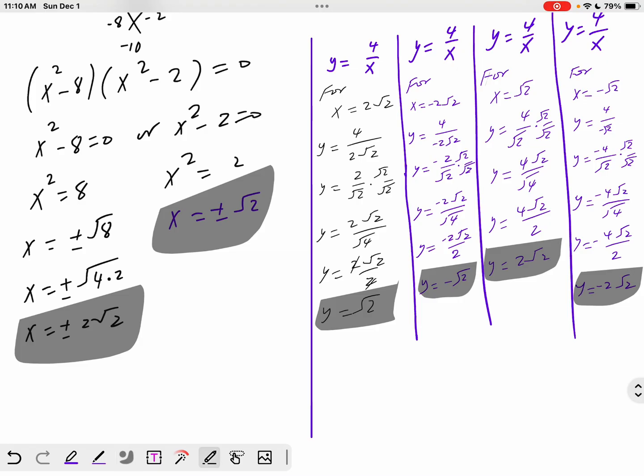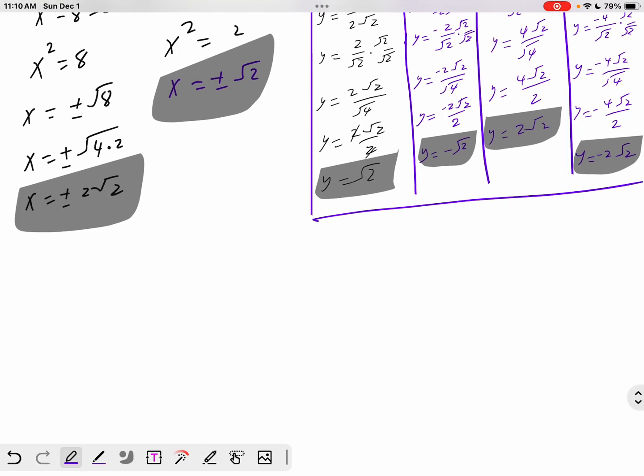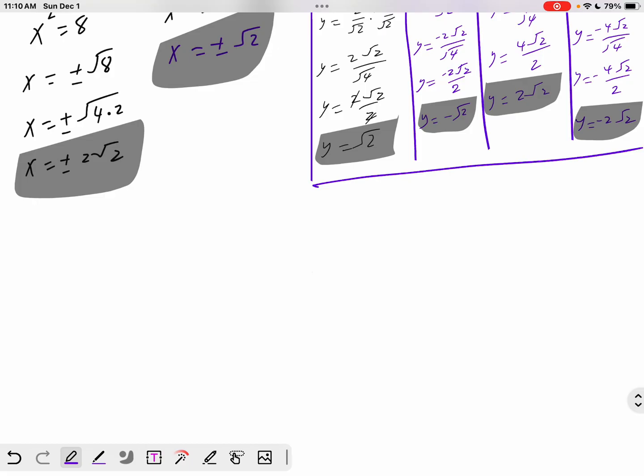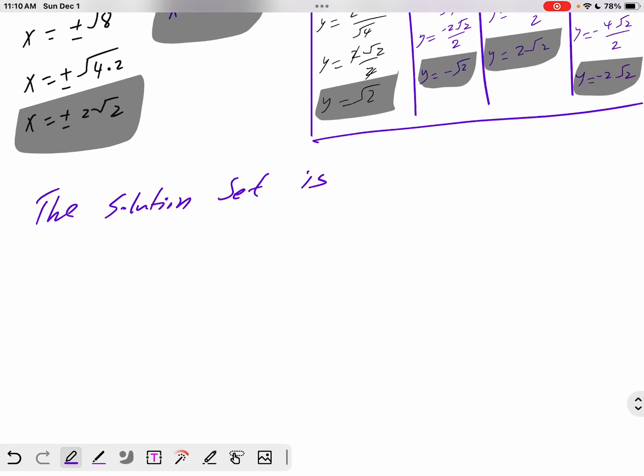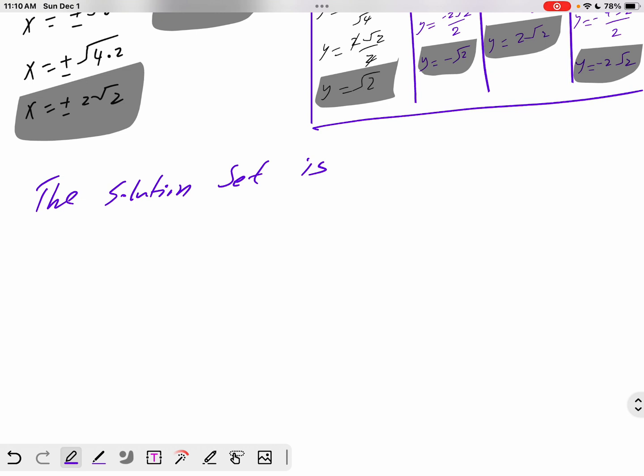So now we are ready to write the solution set. The solution set is, it doesn't matter the order.